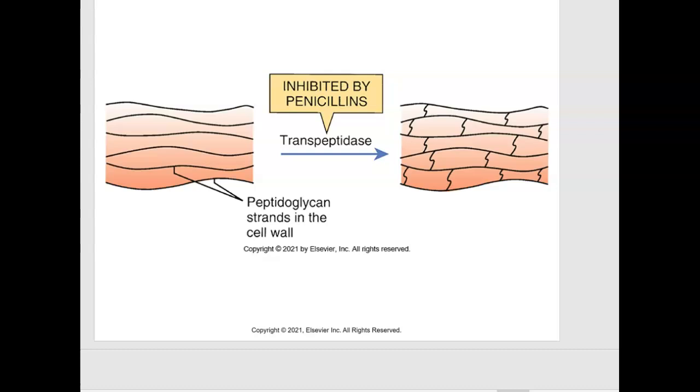Together, that results in cell lysis and death. So the way that penicillins work is they weaken the cell wall, rupture the cell wall, and trigger autolysis and cell death.